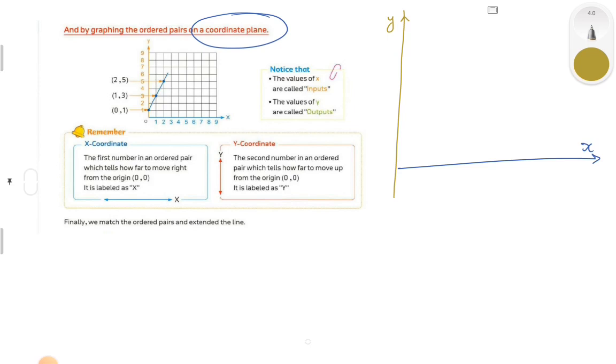Note with me, what's y and what's x? Always x is the independent variable, and y is the dependent variable, right?